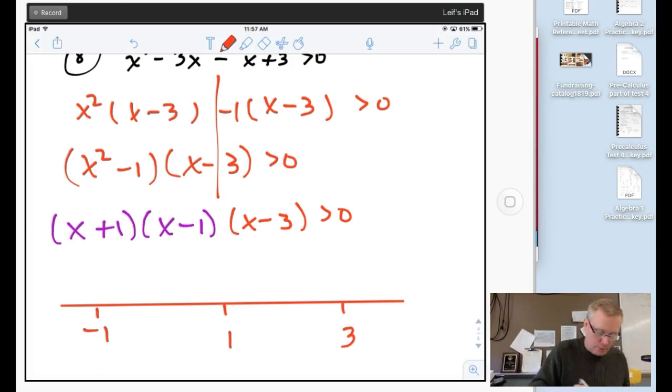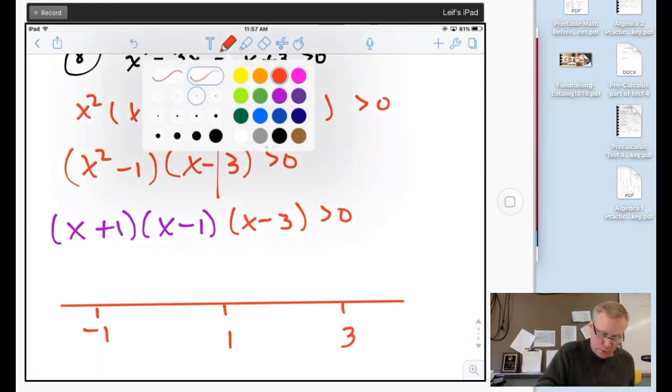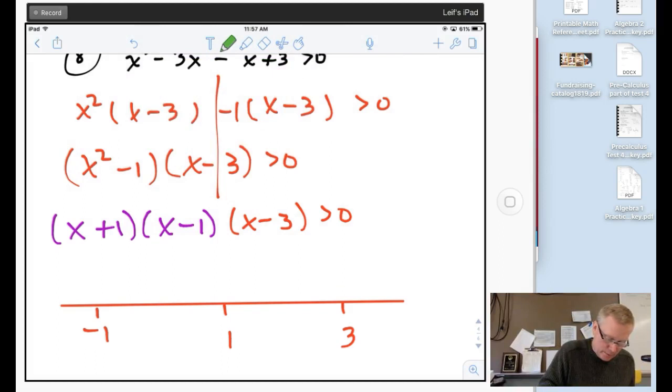Okay? So now I'm going to plug in some numbers. Here goes negative 2. If I plug in negative 2 over here, I get negative 1, negative 3, negative 5. First two negatives multiplied together give me a positive, and then positive 3 times negative 5 is negative 15.